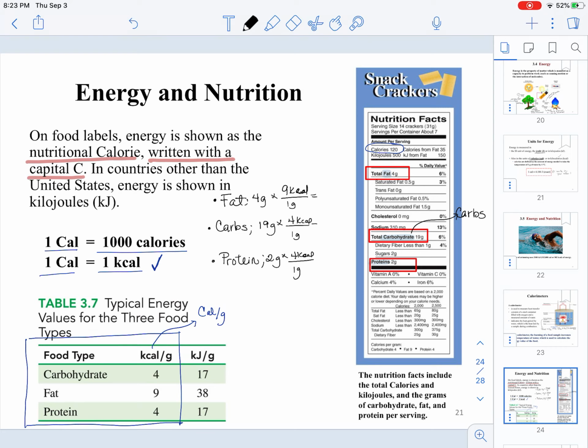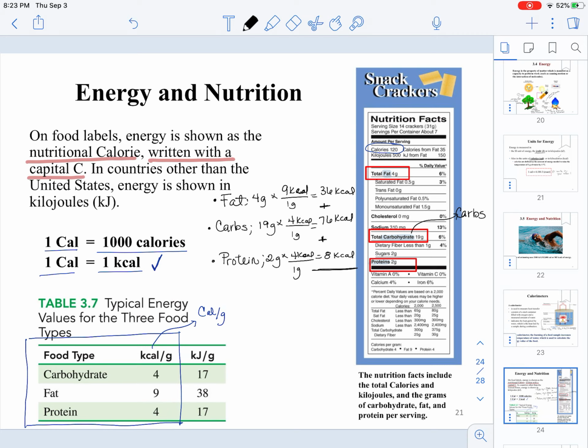So we're going to multiply these values. In the first one, 9 times 4, that's 36 kilocalories contributed from the fat. Carbs is contributing 76 kilocalories. And lastly, protein is contributing 8 kilocalories. Okay? So in the last step of this, we're going to add these 3 numbers.